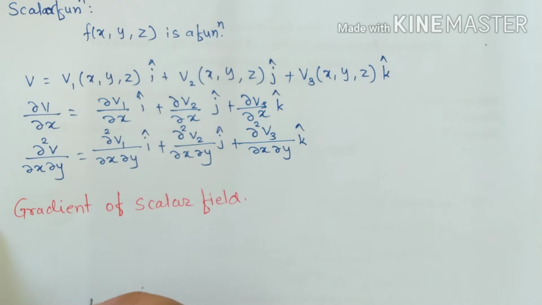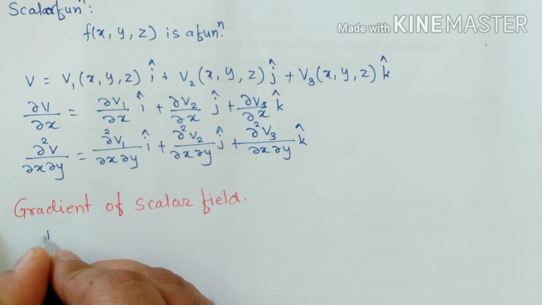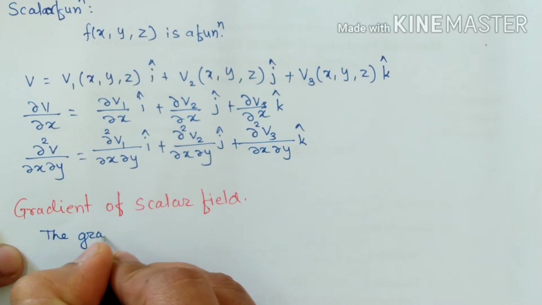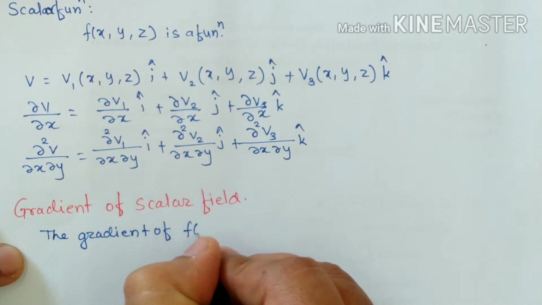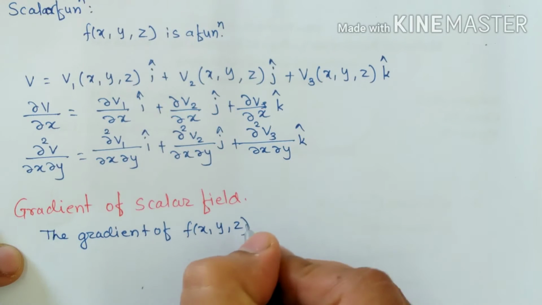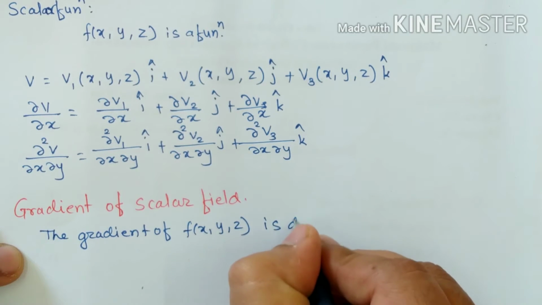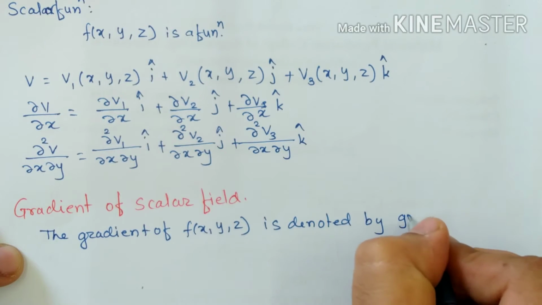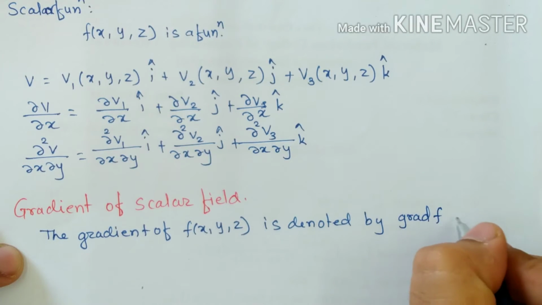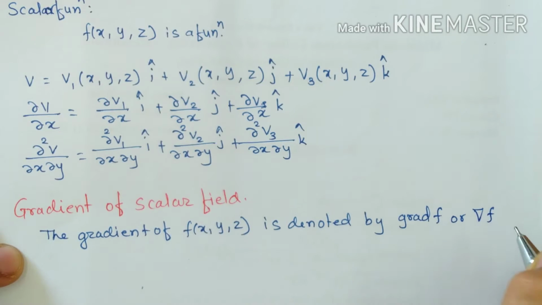The gradient of a given scalar function f of x, y, z is denoted by grad f or del f.